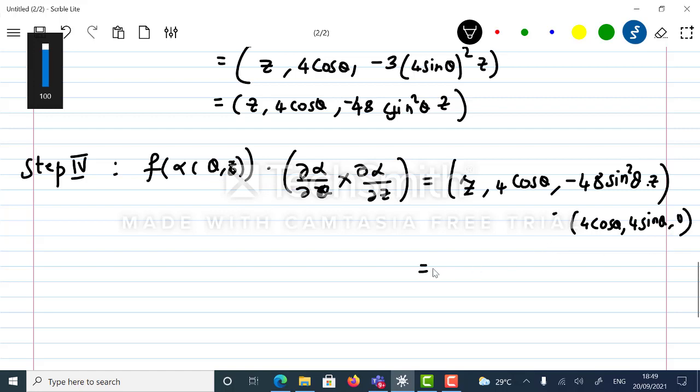So this dot product will be 4z cos theta plus 16 sin theta cos theta.